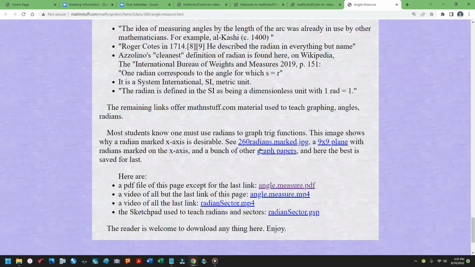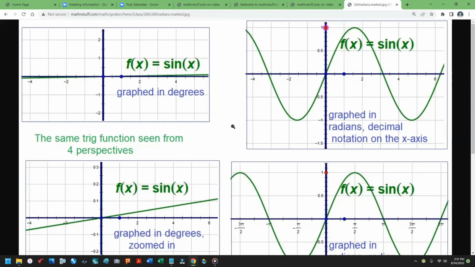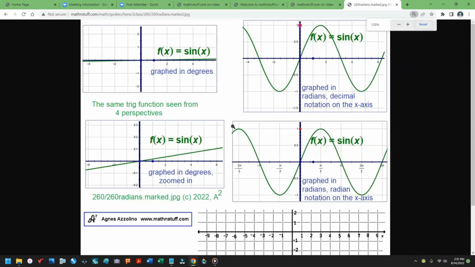The remaining lengths, so I'm going to go through these and let's just look at that. Radians. If you use the handheld calculator, you know you don't get a graph in degrees. Degrees don't help you. They're a limited measurement system. So you don't use degrees. You do use radians.